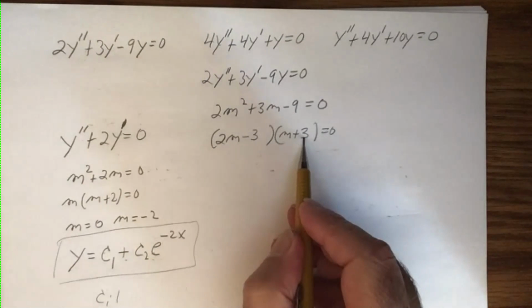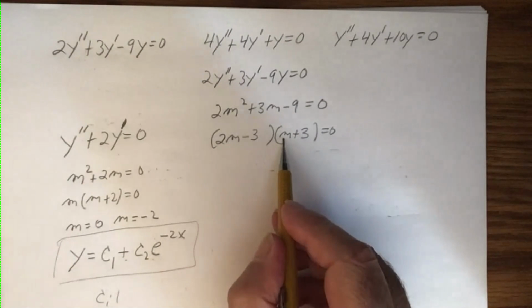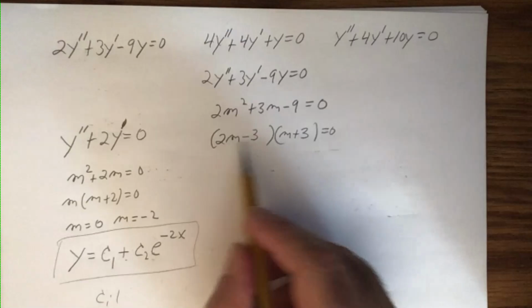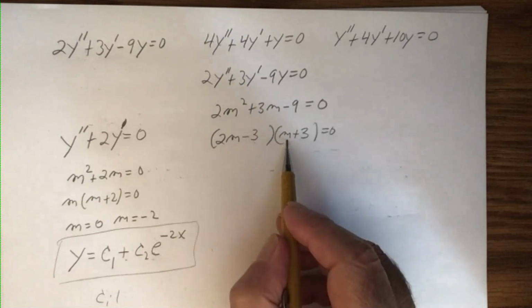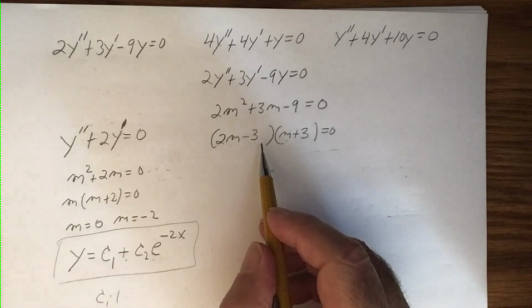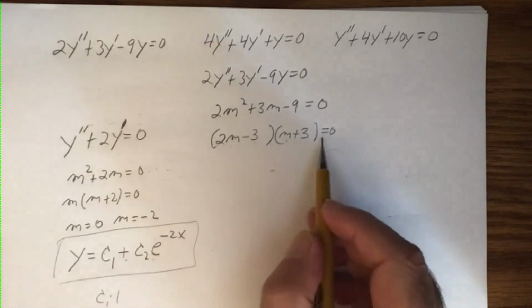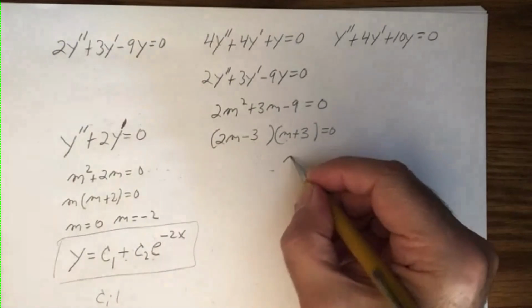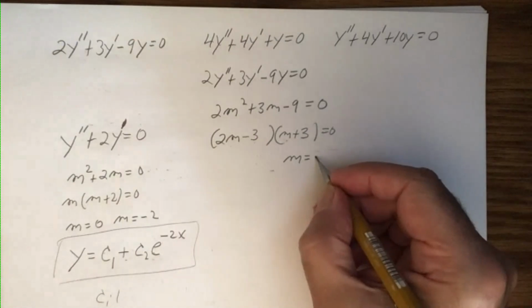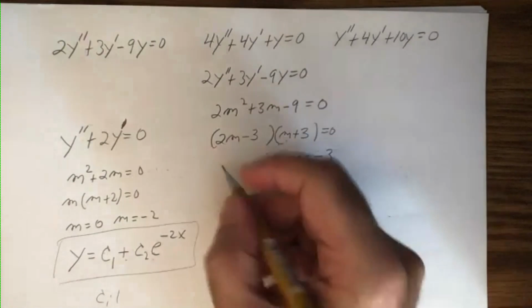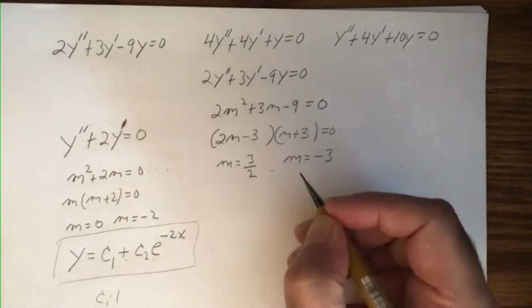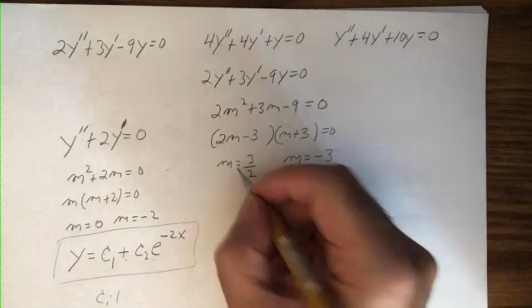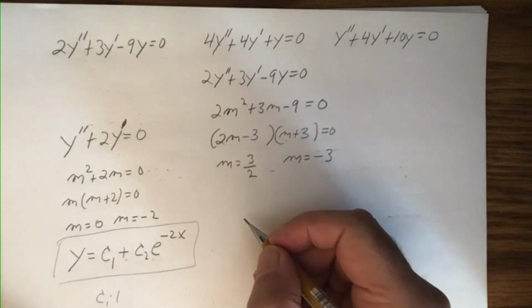This times this gives me the 6, and this times this gives me the minus 3. All right, so I can factor this like this. So m is equal to minus 3, and here m is going to be equal to 3/2. Plus, this is minus, right? That's plus. Okay.